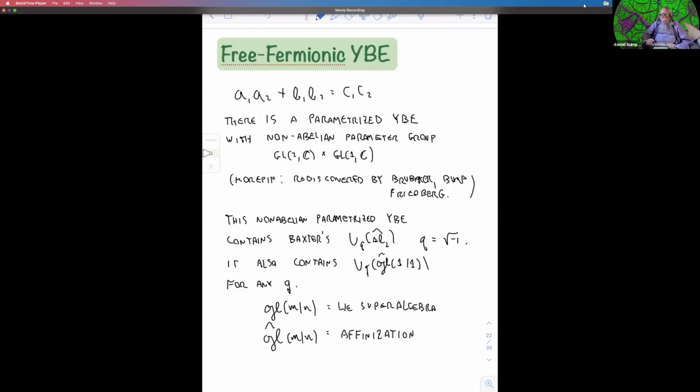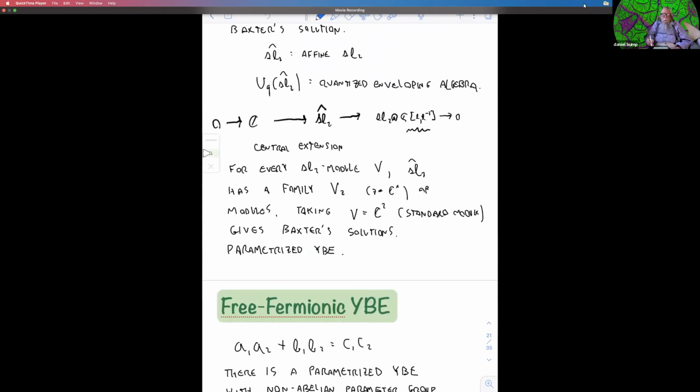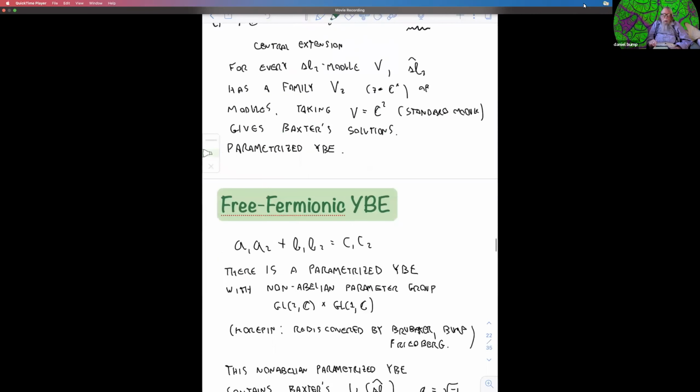So unfortunately, we don't acknowledge it in the paper. Anyway, this is a pretty big group. It contains some one-dimensional groups. This here can be thought of as being the Hopf algebra of functions on GL1, and so there's a GL1 in there, and that explains this.